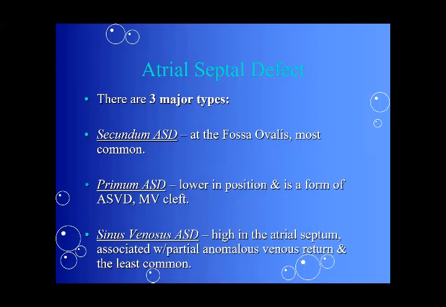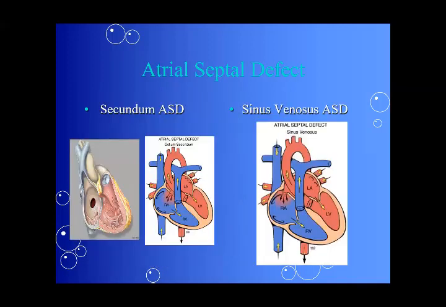Then there comes the sinus venosus ASD, high in the atrial septum, that is at the roof of the heart. It is sometimes associated with partial anomalous venous return. This is the secundum ASD shown, that is at the level of the fossa ovalis.